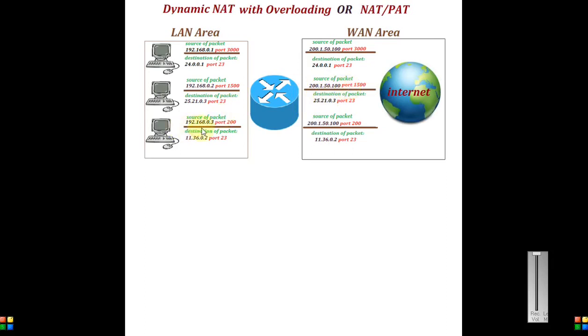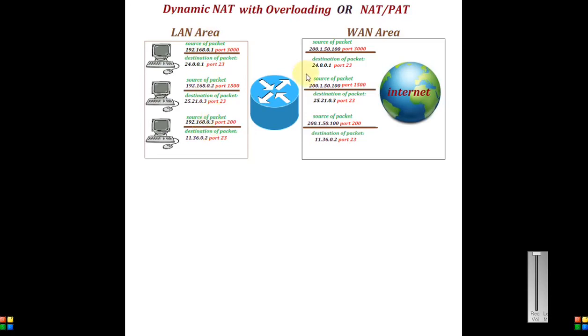Similarly, the other host has the same condition. From all of these details you can see one thing is similar. What? The public IP address is similar, and the LAN area having the private IP addresses are different.